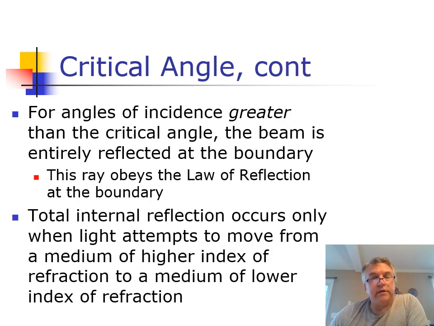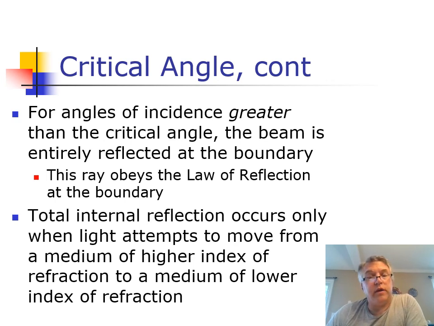Just to summarize, whenever I have angles of incidence that are greater than my critical angle, all of the light is going to reflect back into my incident medium, my first medium, and none of it is going to cross the boundary between the two mediums. And that's simply obeying the law of reflection. So we're still working with our law of reflection.